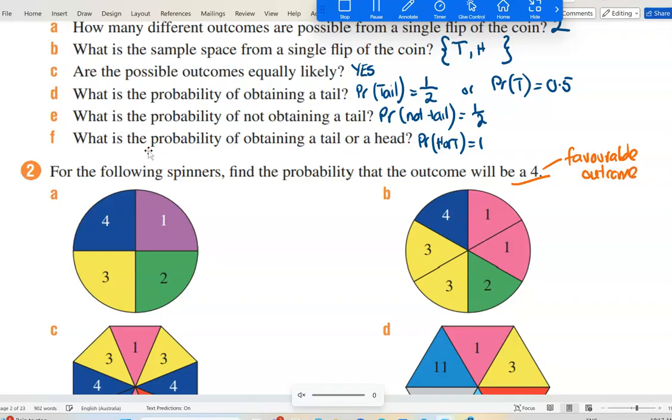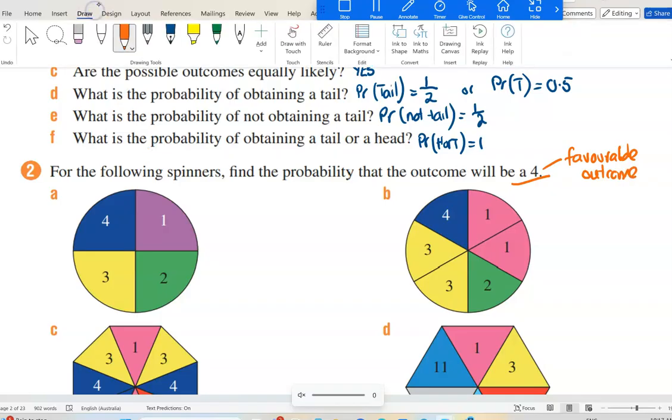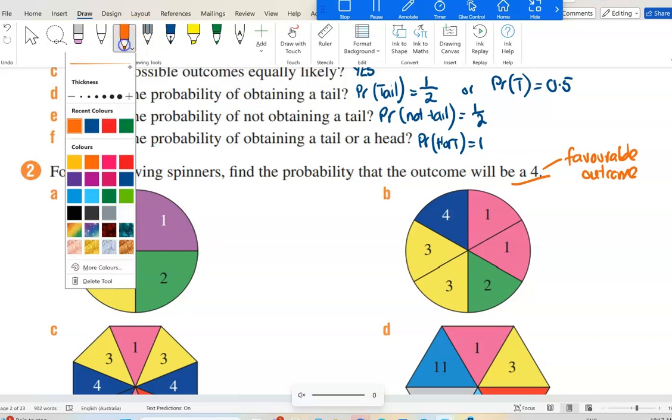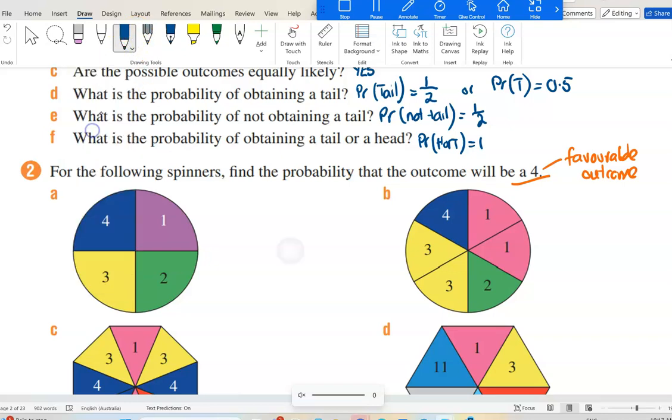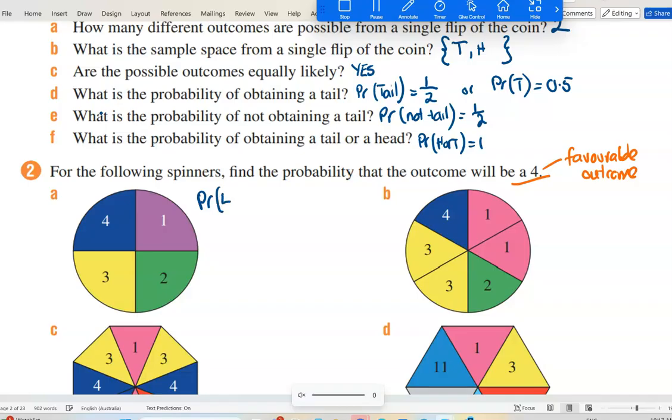So when we go to do the probability of a 4 in this scenario, there's only one 4 out of how many options? 4. So there's 4 outcomes. So if I look over here, the probability of a 4, there's only one, but how many options are there? Yeah, there's 6.